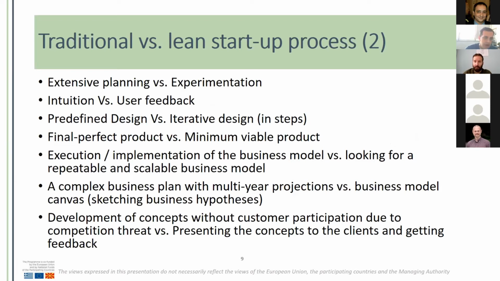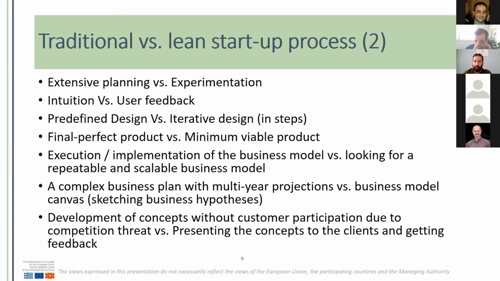In the traditional one, you have extensive planning. So in the previous startup environment, you had to write a robust business plan with all the steps, everything inside. Now you do that with a business model canvas, which is a one-pager. In the traditional one, intuition was the key element.